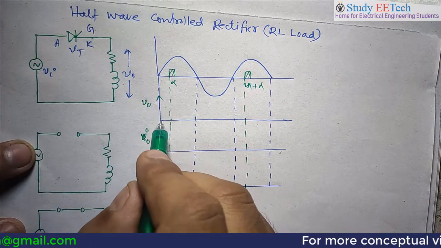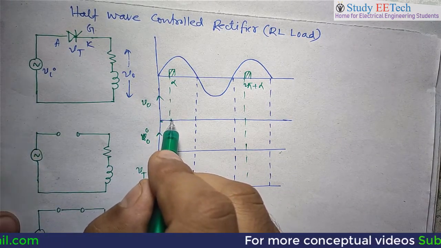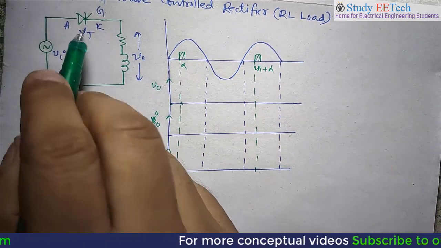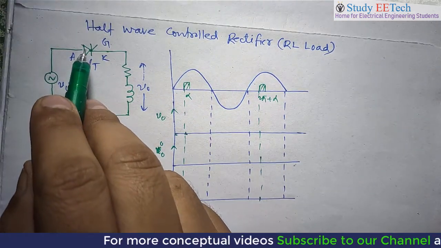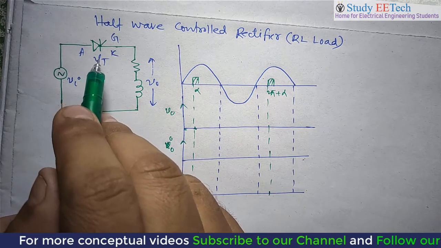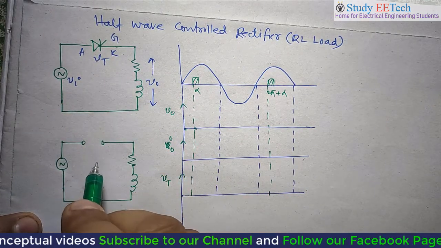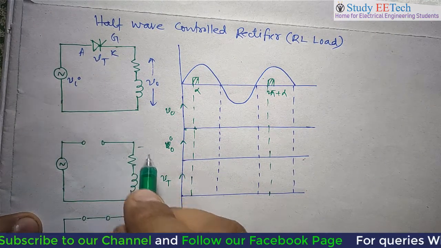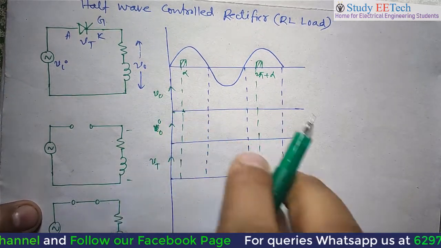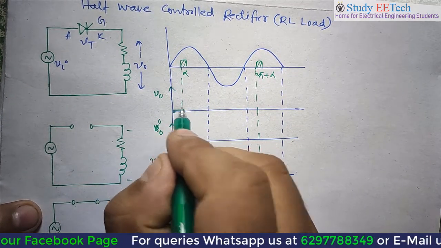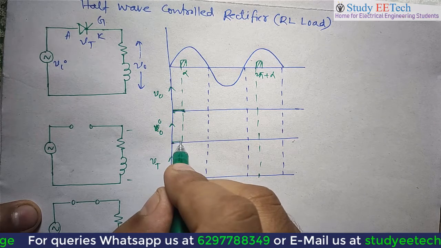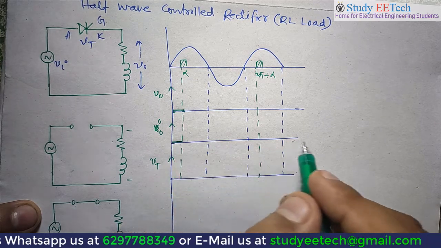So in the segment 0 to alpha, the equivalent circuit is this one because the thyristor is not triggered. With the thyristor not triggered, the output voltage is 0 and subsequently the output current is also 0.